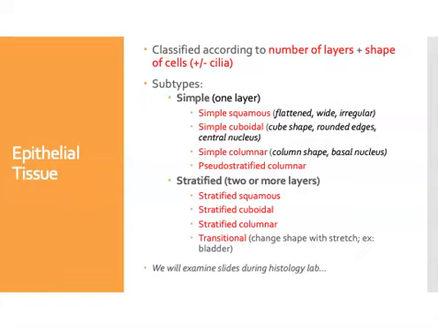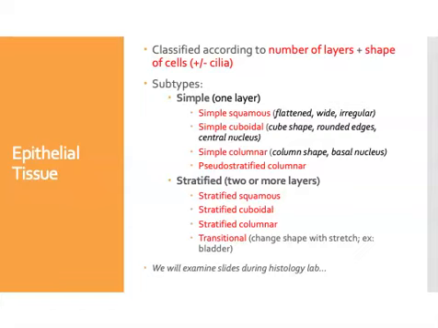That's why it's called pseudostratified. The cells are sort of jumbled together, which gives it at first a look of being layered. But in reality, it's a single layer of jumbled up cells that have a columnar shape.